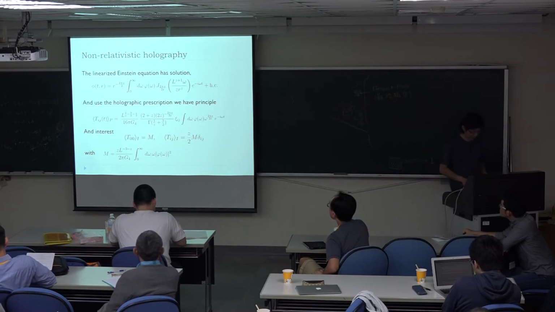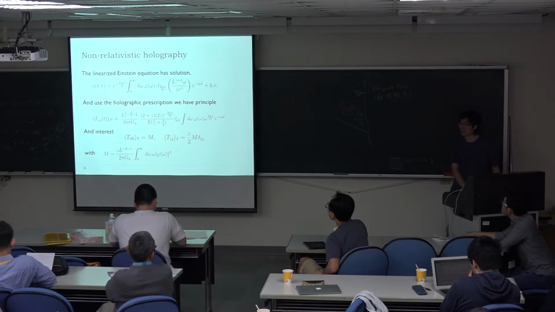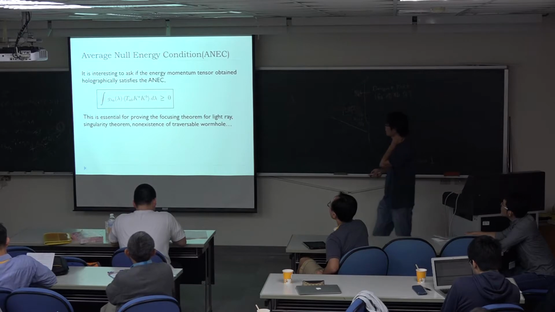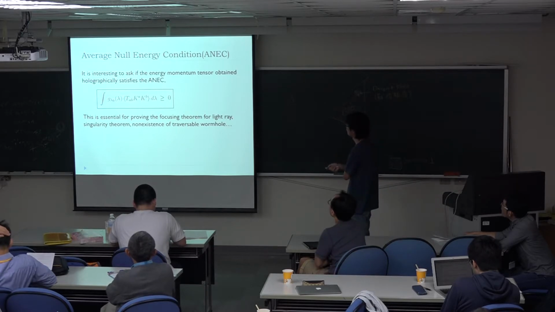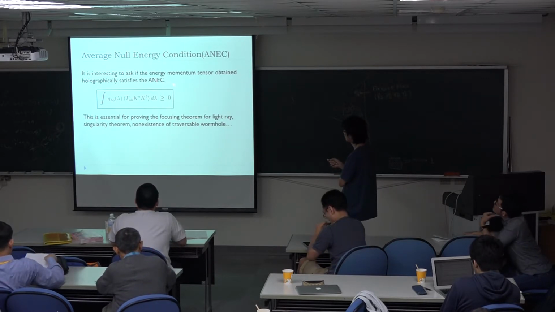So why do we calculate this? Because if you know the energy-momentum tensor, then you can check whether those energy conditions are satisfied or not. The first thing you can check is whether the energy-momentum tensor you obtain from the holographic calculation satisfies the averaged null energy condition.